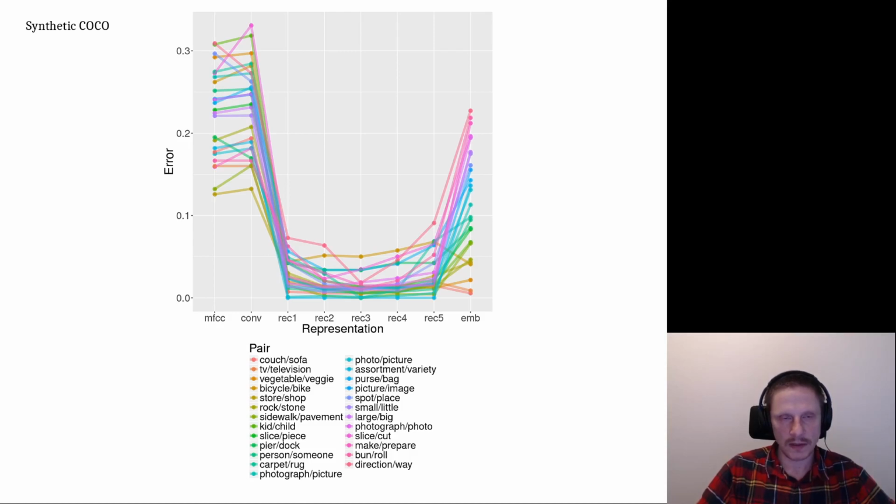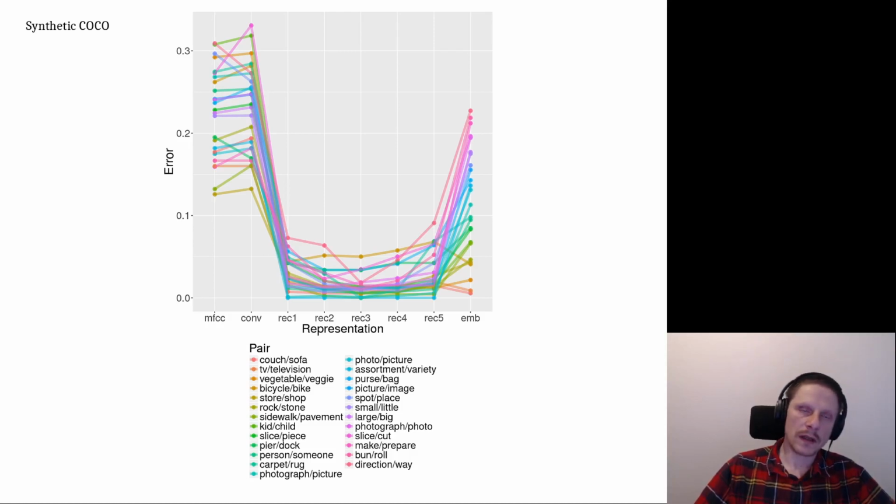The first point is MFCC, so just a representation of the audio, and then we have different layers in a hierarchy, from the first convolutional layers, which is just subsampling the input and doing a small transformation of it, and then the recurrent layers, and the final one again is the pooling layer using self-attention. So this is exactly the same model as we saw in the previous case study. Just the task is different. But let's have a look.